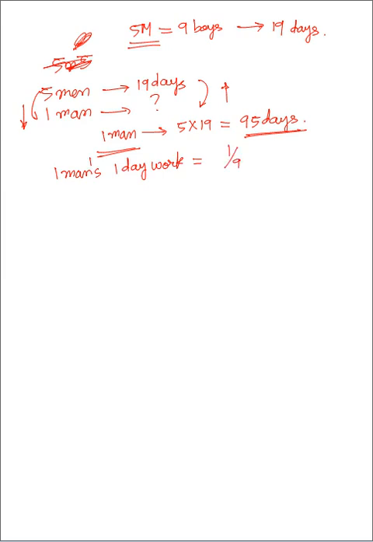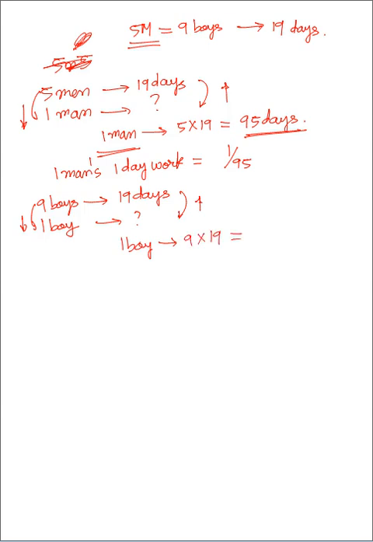I hope you are understanding. Same way, 9 boys will take 19 days, that is given. So 1 boy will take how much? Here also inversely proportional, because the number of boys is reduced, so the number of days will increase. So 1 boy will take 9 into 19, 19 9s are 171 days.